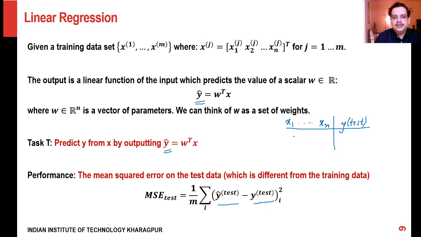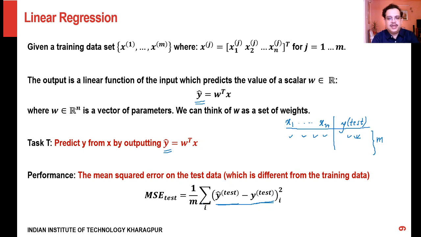So in the test data, I am given all these, and I am also given the value of the y test, and I have, let's say, m such data points. Then what do I do? I take the error for each of these data points. I see what the function is predicting and what is my given value of y test from here, and I take the difference between them and take the square of them, add them up and take their average. So that gives me the mean square error over the test.